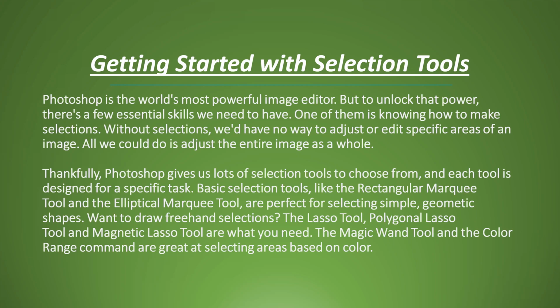So these tools are there to speed up our workflow. So if the intention was only to do a selection, there will be hardly one tool which can do the selection. But what Photoshop has done is that Photoshop has given various tools, and each tool, even though they do the same job, selection, they do it in a different way.